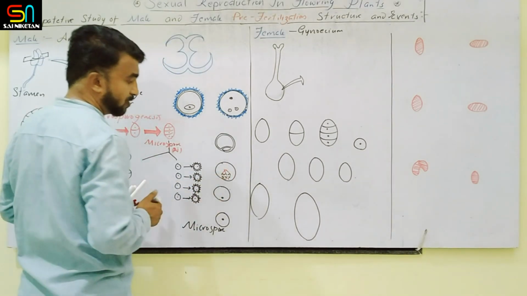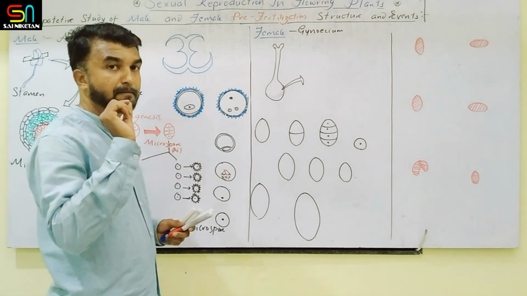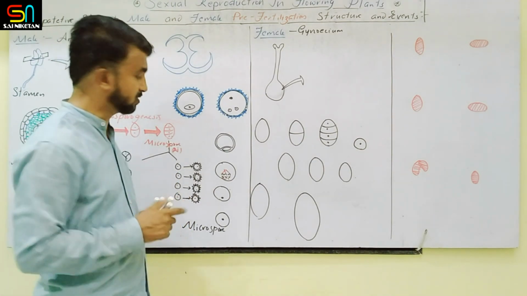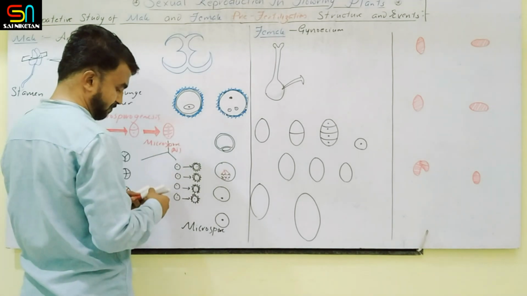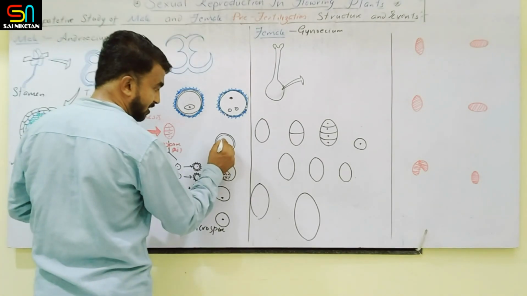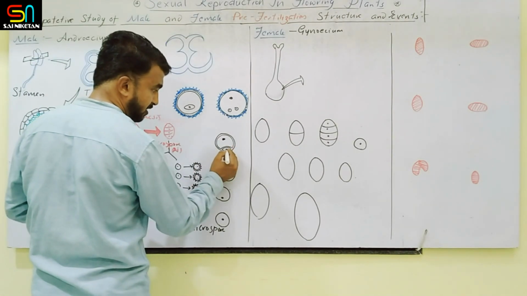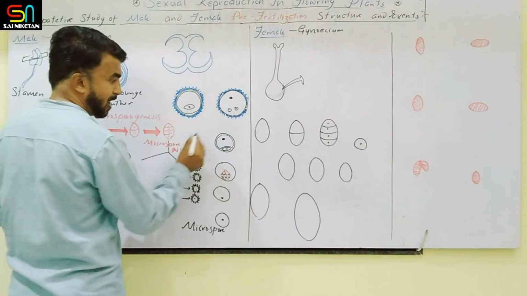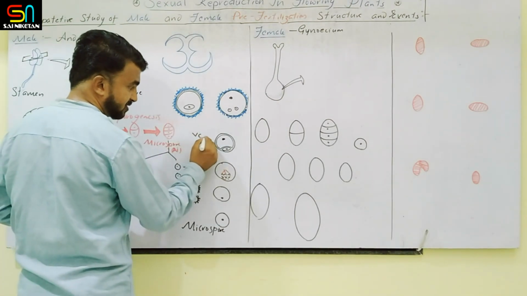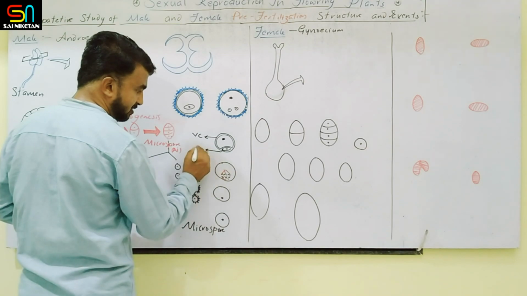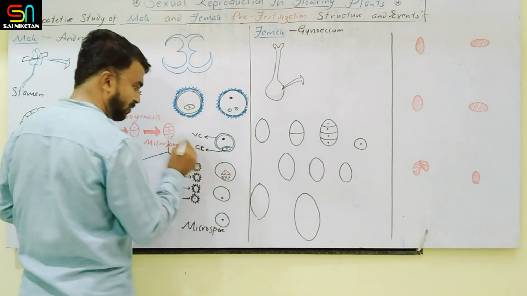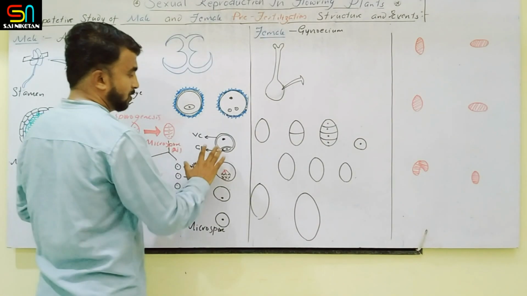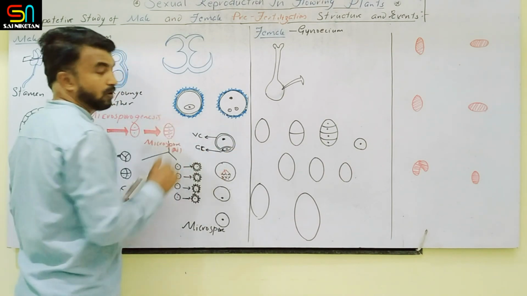Clear? This nucleus undergoes unequal mitotic division, and 2 cells are formed. One cell is a little larger with an irregular shaped nucleus and the other is smaller. The larger cell is the vegetative cell and the smaller cell is the generative cell. We already covered this. Clear?